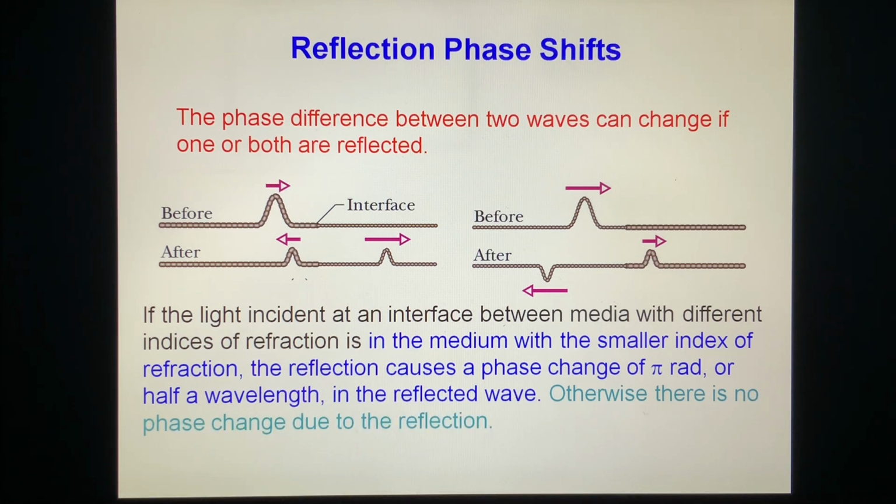Otherwise, there's no phase change due to the reflection. So that means when you have a reflection, you can have a phase change or not. That depends. We say higher means half. What I mean is, if you go to the higher index of refraction and reflect, you have a half wavelength phase change.